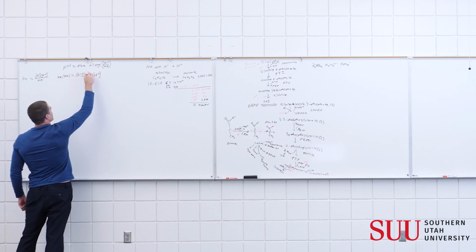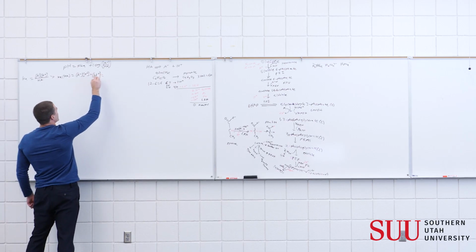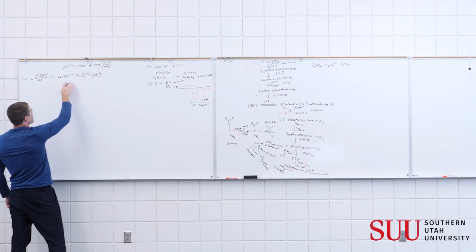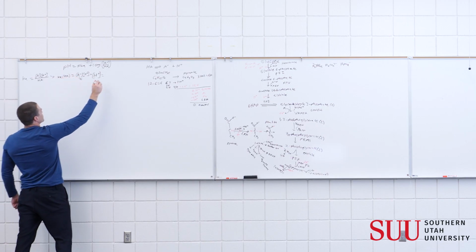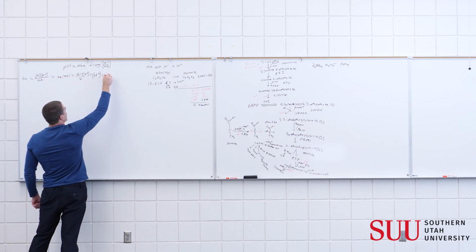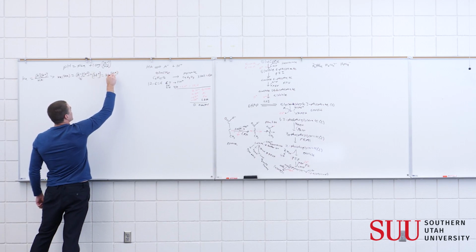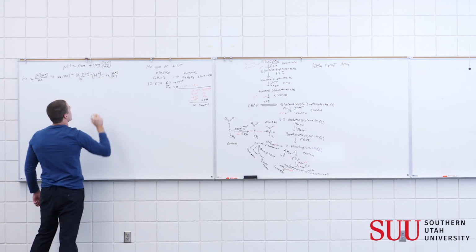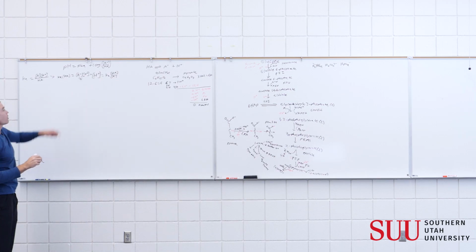So H plus is equal to, we divide by A minus from both sides, right? A minus, those cancel out. And we would get Ka times the concentration of HA over A minus. All right, and now we can take the negative log of both sides.